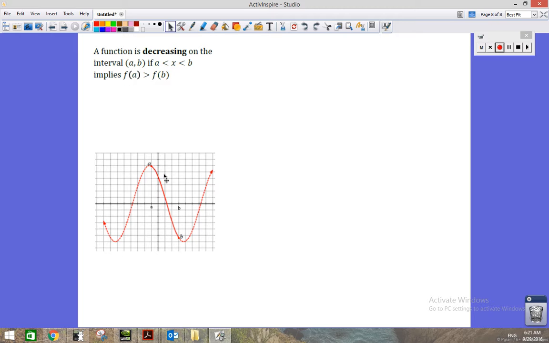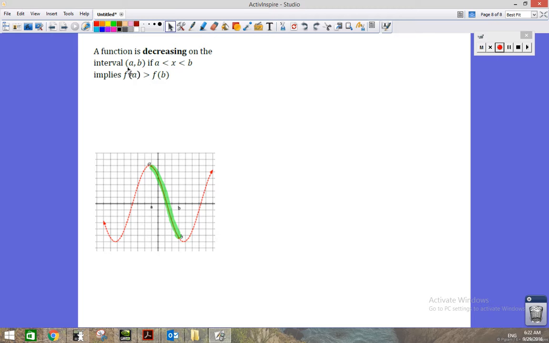It's going up and down, and we have located a point where the x-coordinate is A. We have a point on the graph where the x-coordinate is B. If we're interested in the part of the graph that has x-coordinates between A and B, they write that by saying that you're on the open interval from A to B. Smaller number, comma, the larger number.